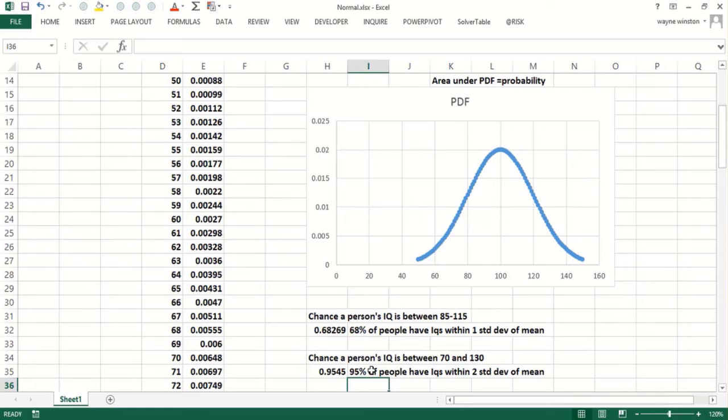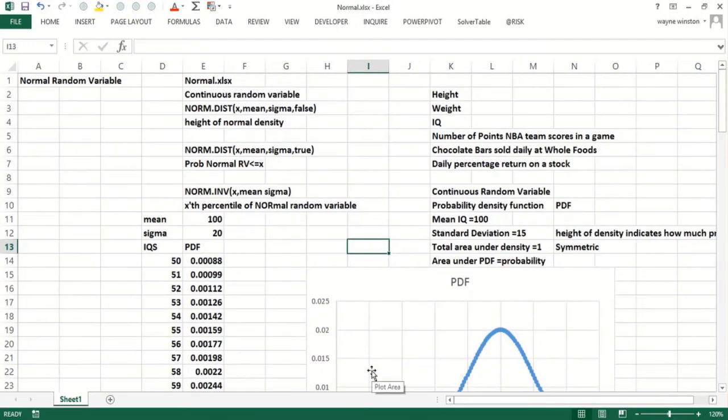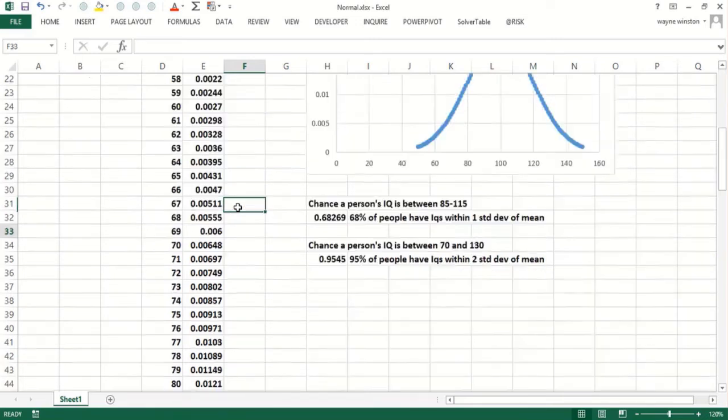Okay, so now we can talk about finding percentiles of a normal random variable. There's a function for this, NORM.INVERSE. In other words, I could find the 90th percentile, the 10th percentile, etc. So let's suppose we have income in a town, or let's suppose annual demand for a drug.